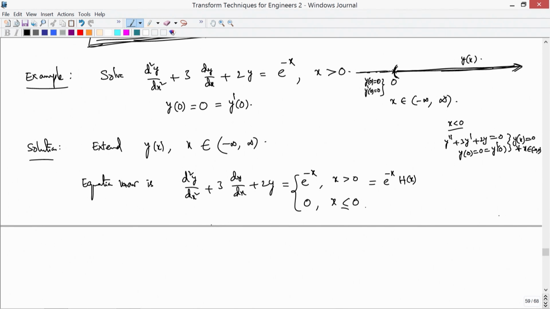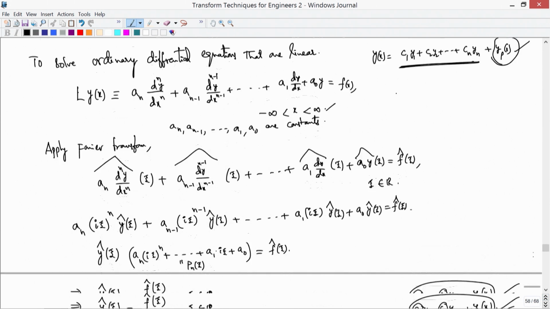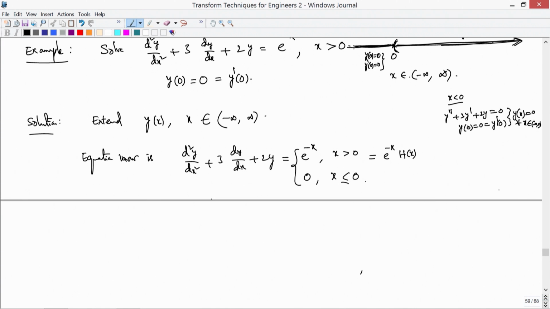It is the way you choose your initial conditions that makes y of x equal to 0 for every x less than or equal to 0. That is clear. Okay. The solution is this because of the initial conditions.